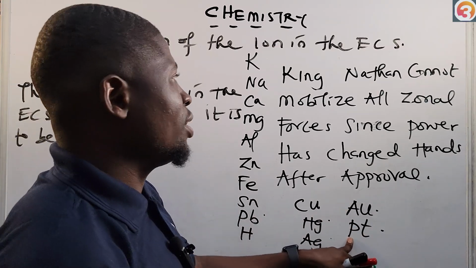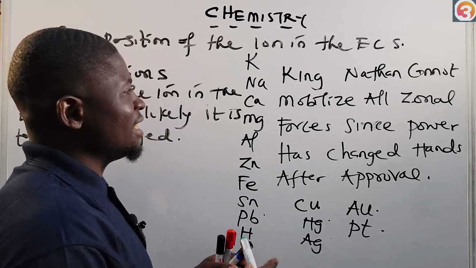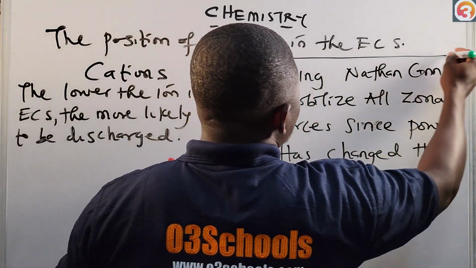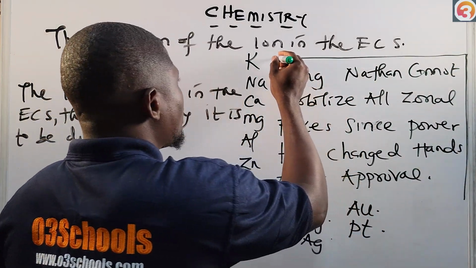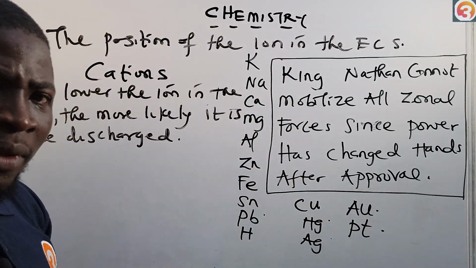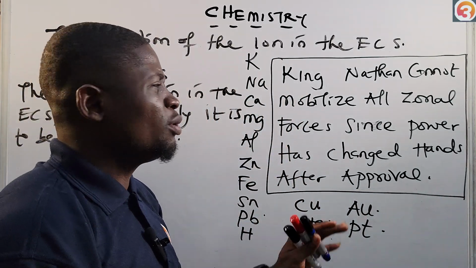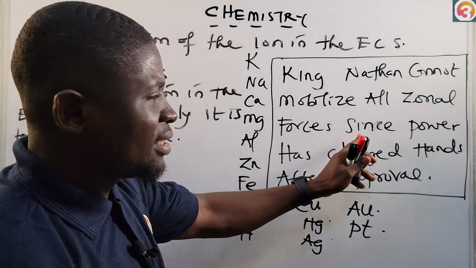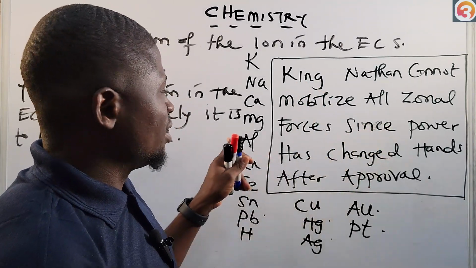Then we have platinum. So please make sure that this mnemonic is stored somewhere in your head, in case you do not want to stress yourself remembering all this by heart. You can just simply remember this mnemonic and know what each word translates to.